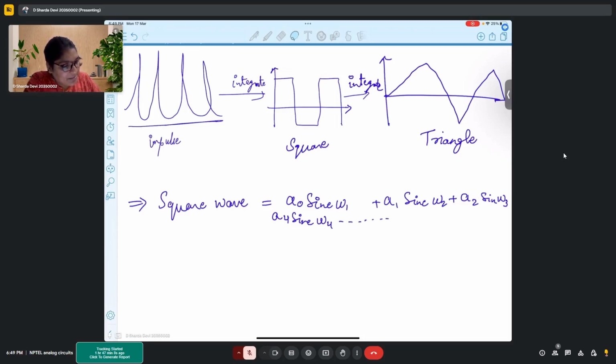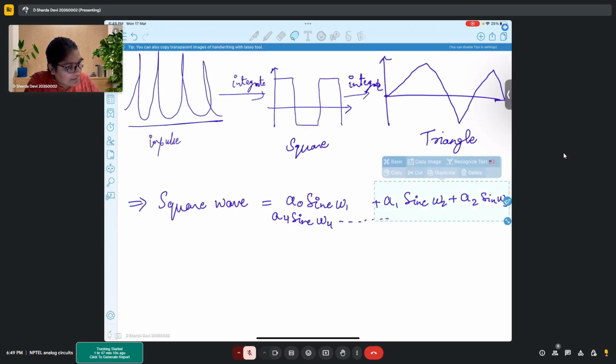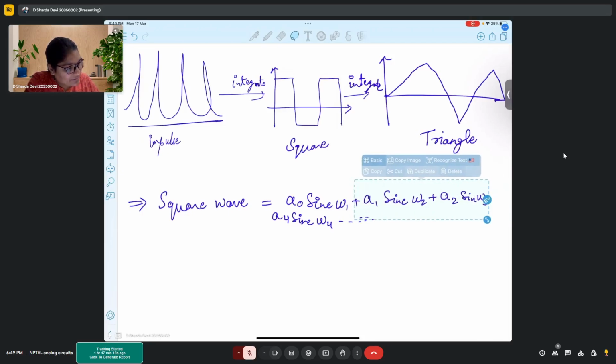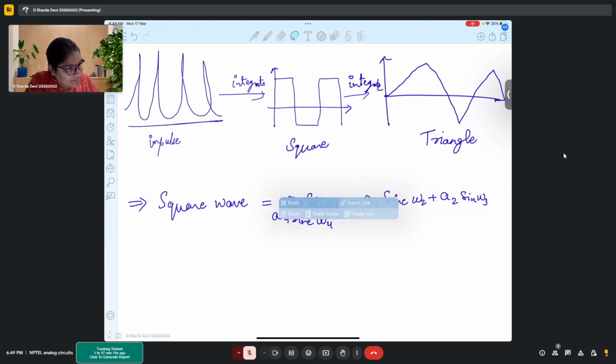Does anyone remember this kind of representation, where we had some sine, some cosine, odd even harmonics?